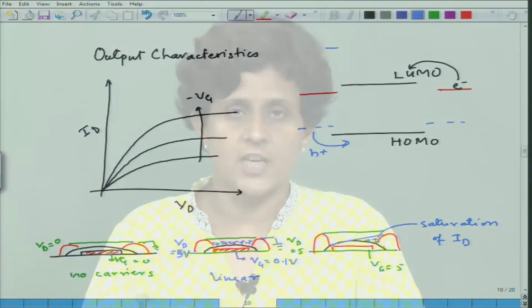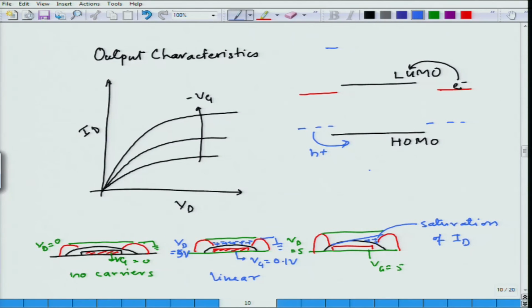On the other hand, if I change my metal and I now inject electrons in the organic semiconductor, it is going to work like an n channel device. So, it is possible to have both n channel OTFT and p channel OTFT, and that depends on the metal that I will use for injecting the carriers to form the channel.